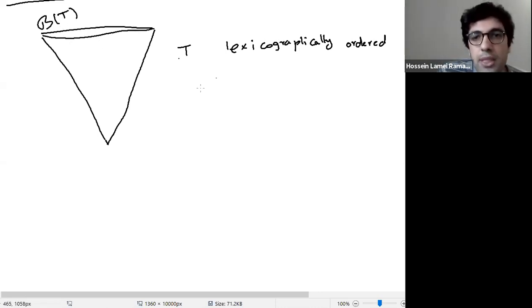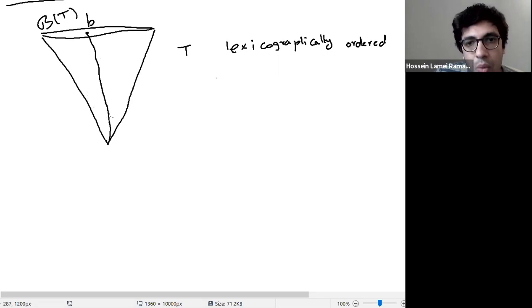Now if B_T has a copy of omega 1 star, then we can conclude, the fact is saying, that there's some branch b and an omega 1 sequence of branches like this, which are going up the branch.